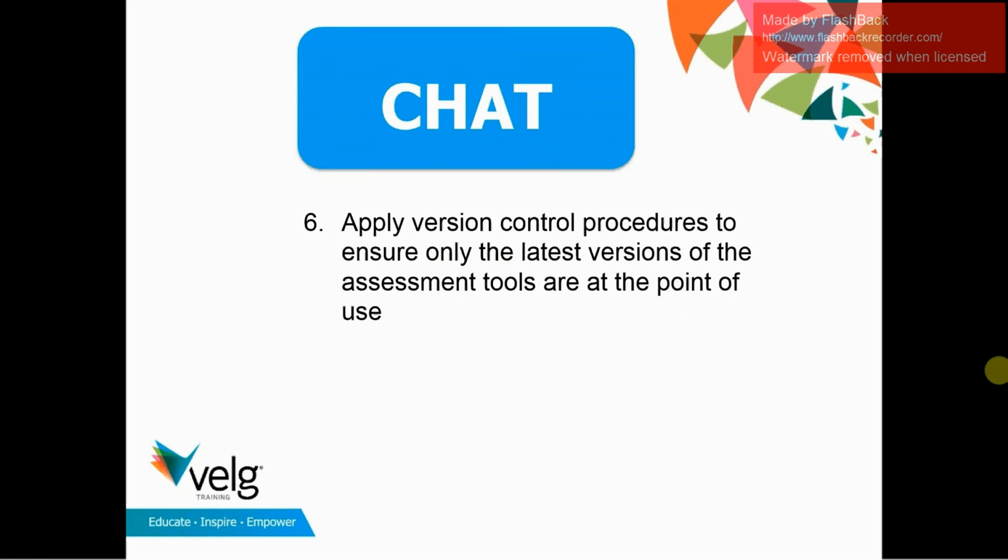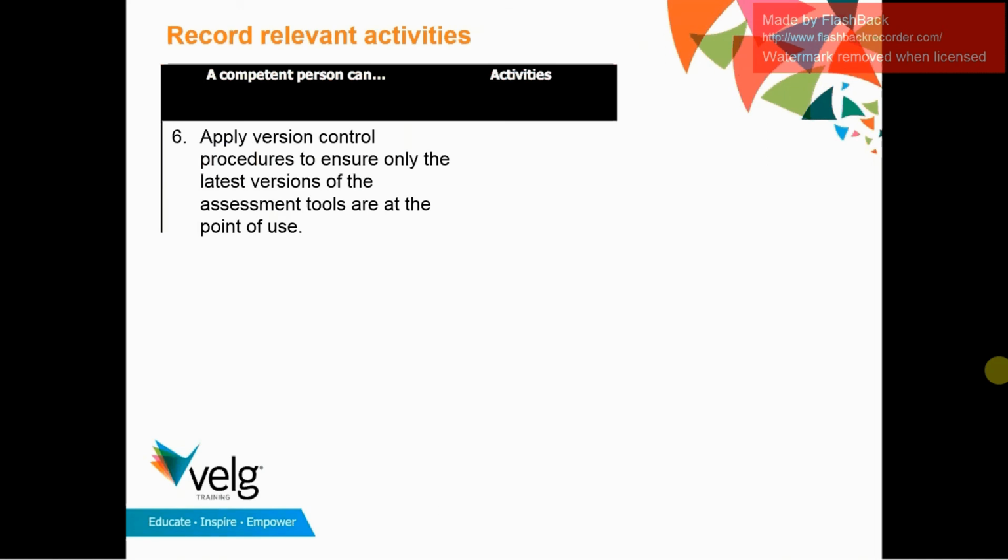It will still have version control on it, and they will still check it to the master register to make sure it is the latest one. But don't forget, if you are issuing them as pieces of paper, just make sure you retrieve the old pieces.